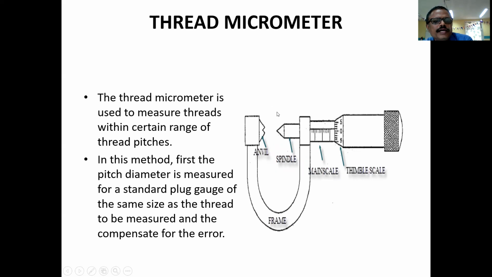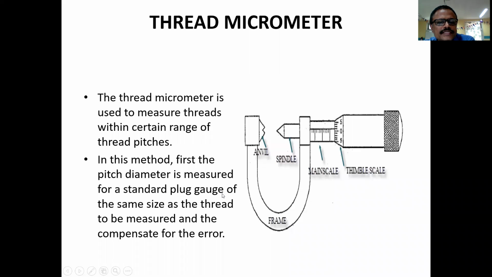So the thread micrometer gives you the readings for a certain range of thread pitches. Here one thing you have to remember is, first the pitch diameter is measured for a standard plug gauge of the same size. What is a plug gauge? A plug gauge is a limit gauge which will tell you the pitch diameter.